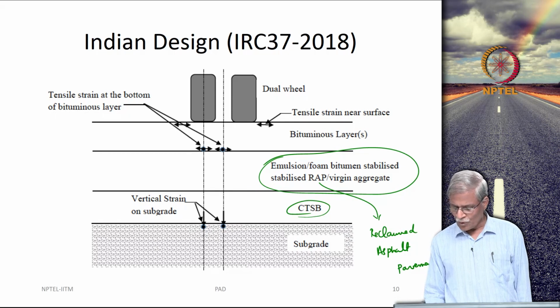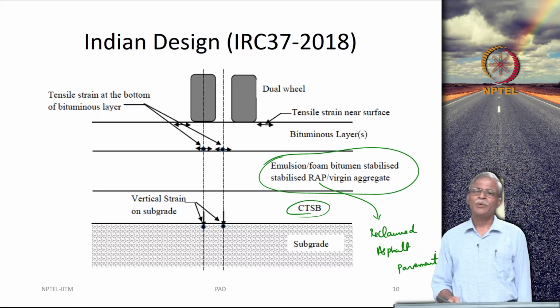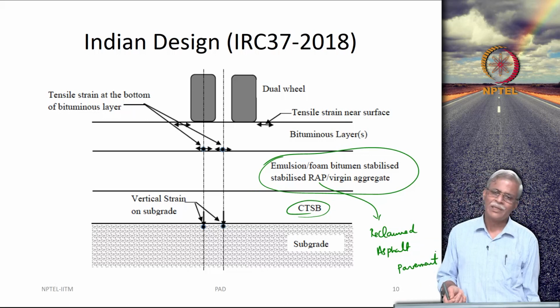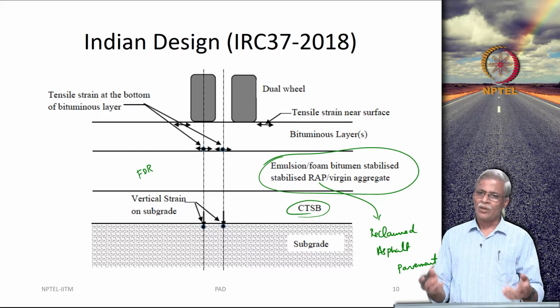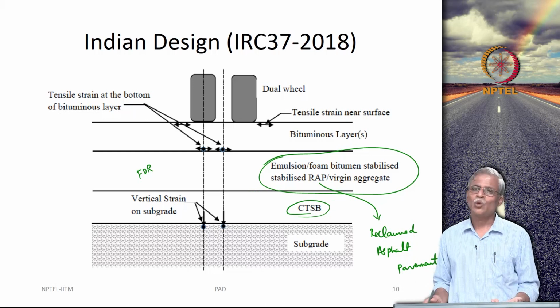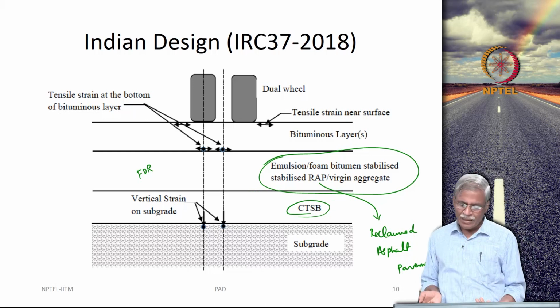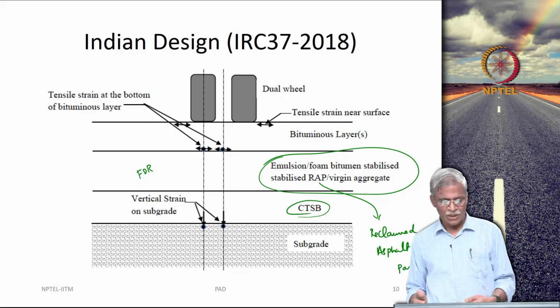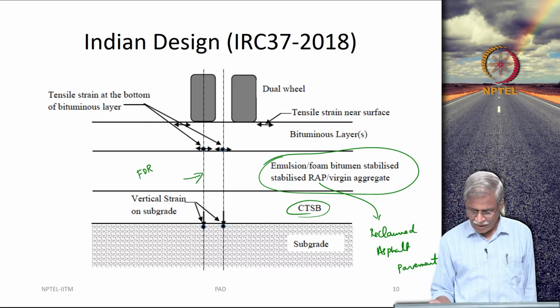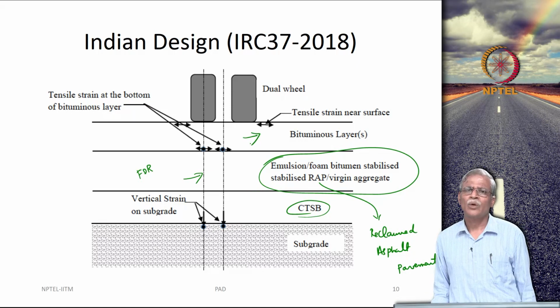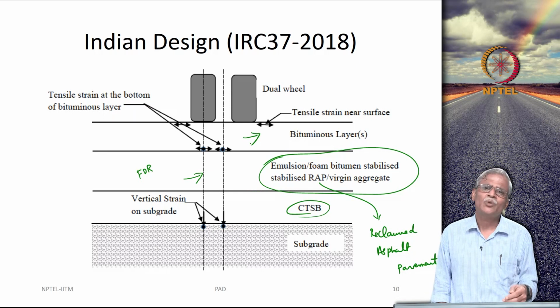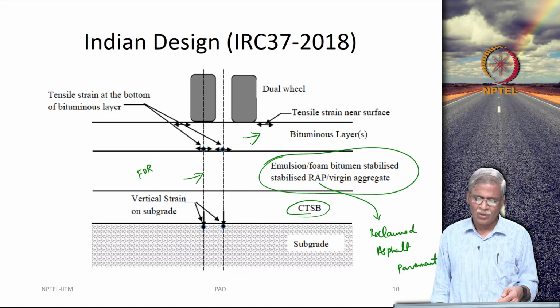So, if you constructed a bituminous pavement and if it requires rehabilitation, what you could do is what is really called full depth reclamation: take all this material, add it with the new material, add a binder in the form of a foam or an emulsion and lay it here, and then on top of it you can have the regular bituminous layer. Okay. So, there are many ways in which one can construct such cross sections.